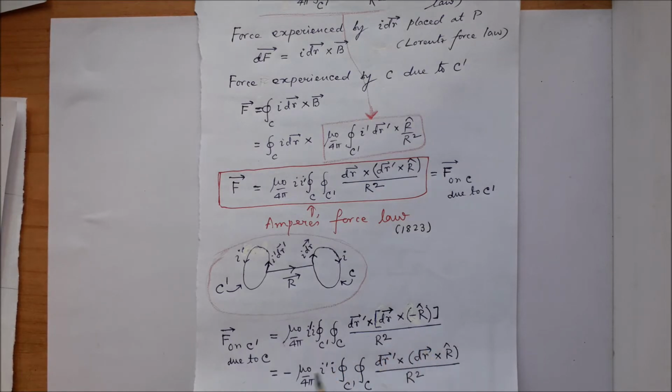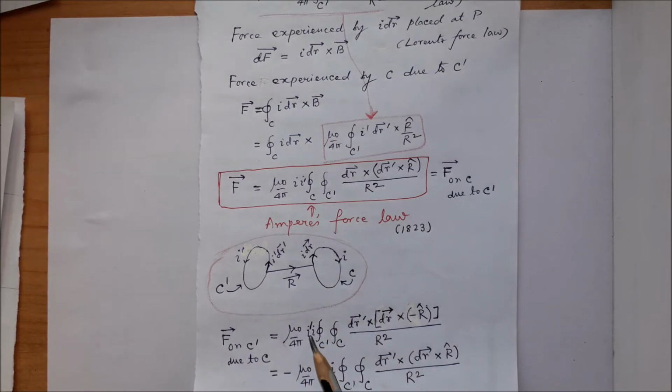Now simplification gives us this expression. So what we have got is the forces exerted by one circuit on the other. This is the force on C due to C prime, and this is the expression of force on C prime due to C. So these are Ampere's force law.